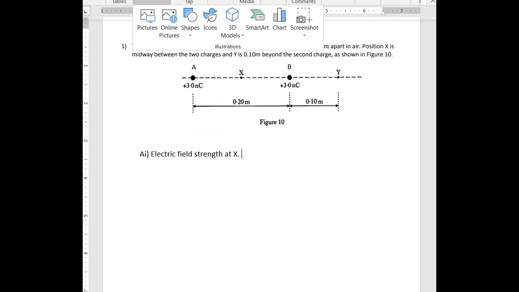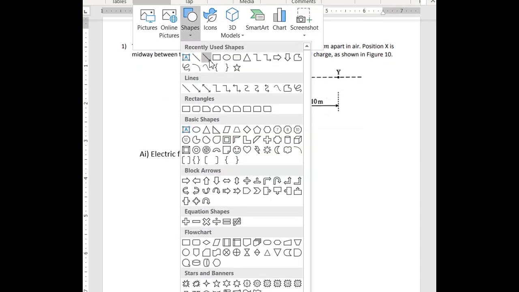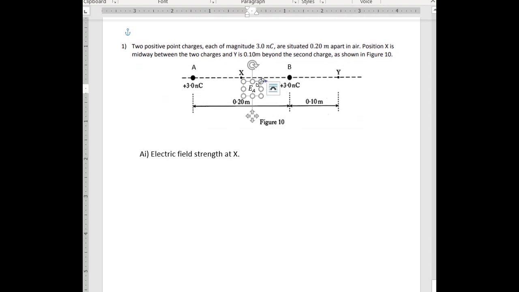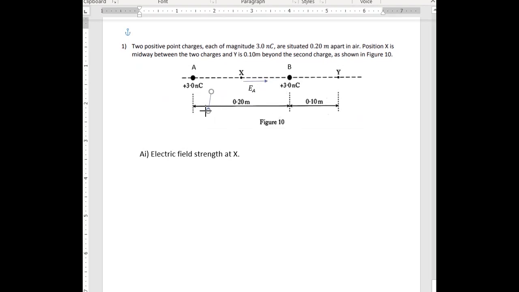So at X, the electric field line induced by A is in this direction, and the electric field line induced by B in the other direction.